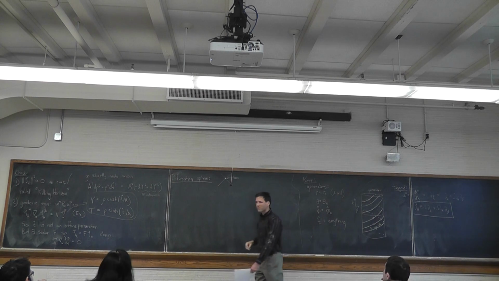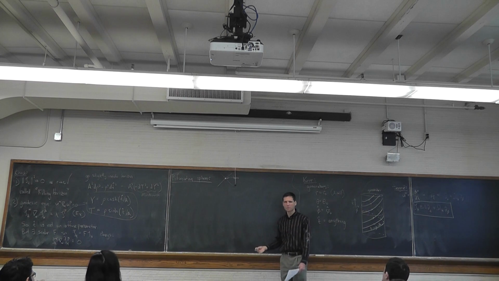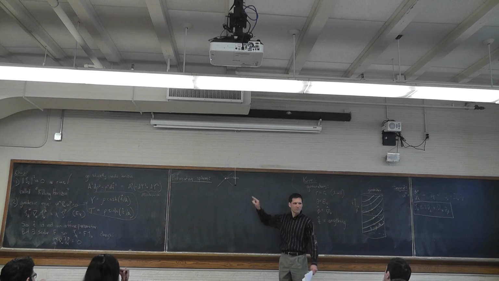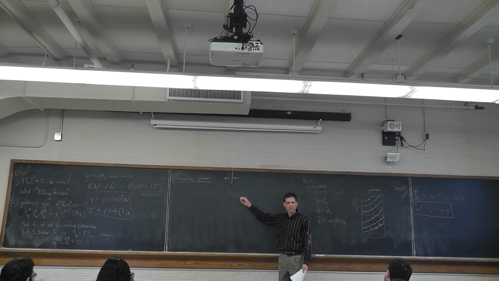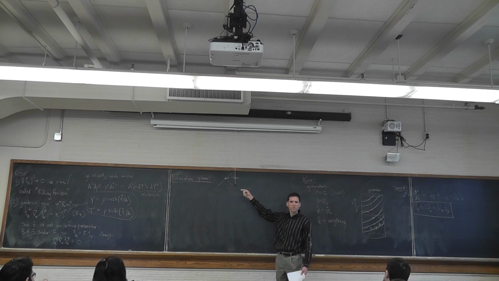When you have a horizon and you draw one of these x's, the bifurcation sphere, or the bifurcation surface in general, is that point in the middle of the x. For Kerr, this is a sphere because, well, it's topologically a sphere because we have the theta and phi directions that are being suppressed in these pictures.